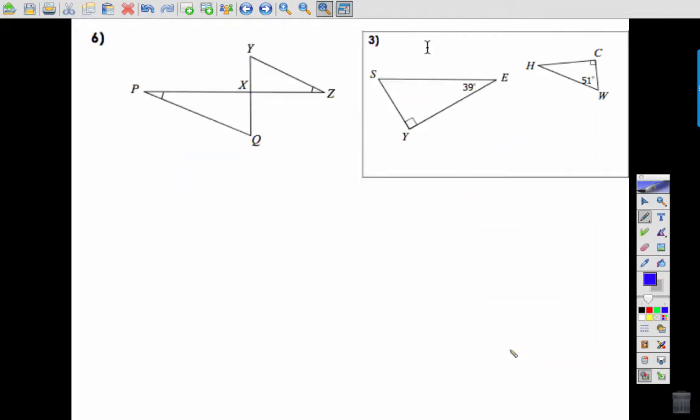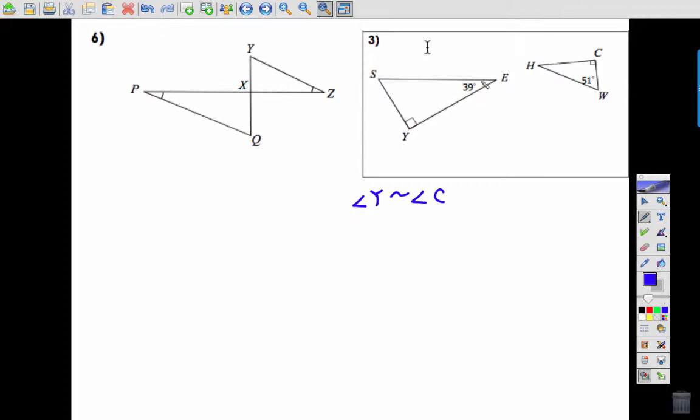Let's look at some examples here. I will leave number 6 to you to practice because it's exactly the same as the example that I just did. Look at this example, number 3. I have angle Y congruent with angle C because they're both right angles.